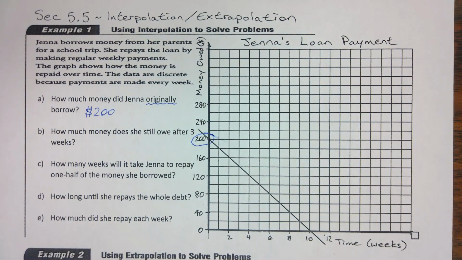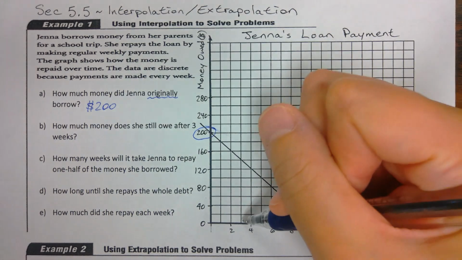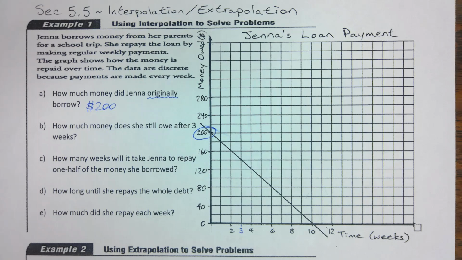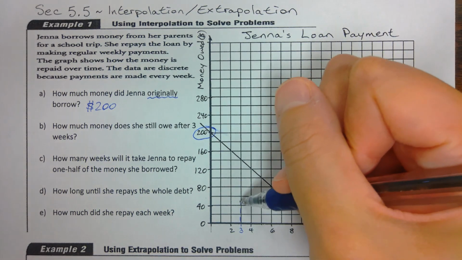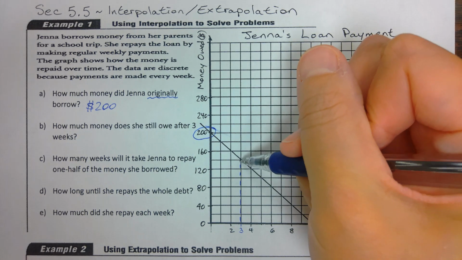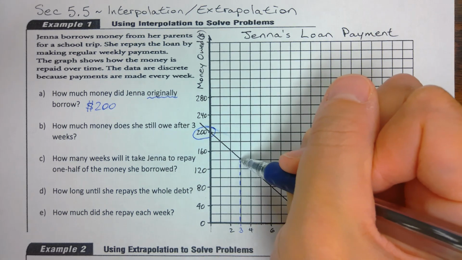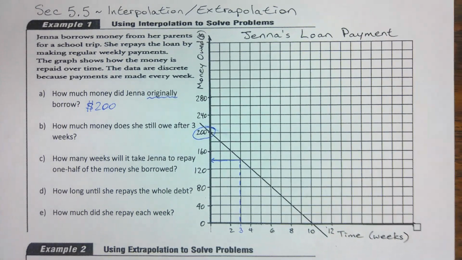Okay. How much money does she still owe after 3 weeks? Joshua? Okay, so what you want to do is, 3 weeks means I'm going to look at the 3 on my x-axis and I'm going to draw a dotted line up to my line. And then when I reach my line, I'm going to draw a line across and read off the graph.